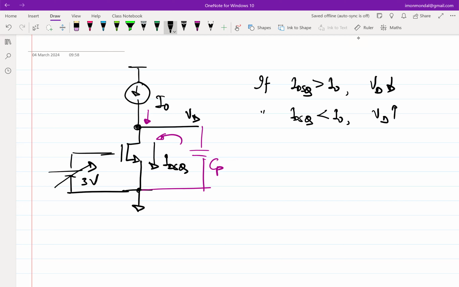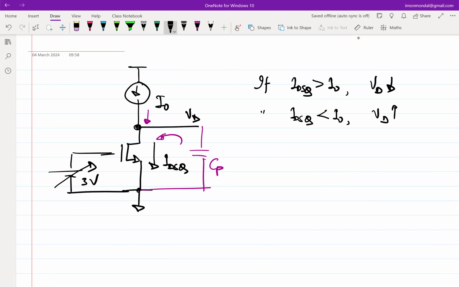Could you please explain again the reason behind the capacitor? Okay, so it is mostly for visualization purposes, right? Anyway, there will be a capacitance associated with any node in a circuit, however small it might be. For today's lecture, I have put in the capacitance just to make you understand.